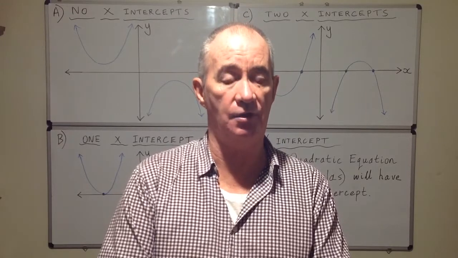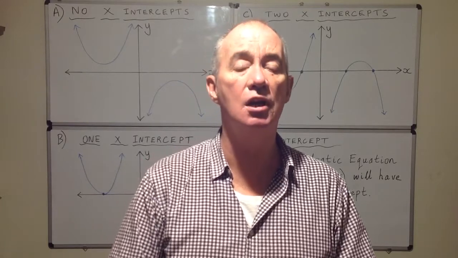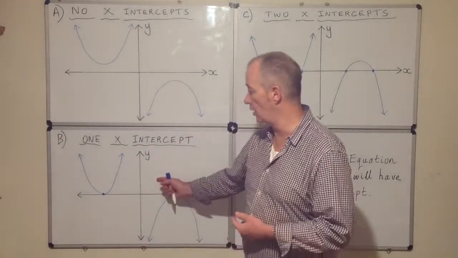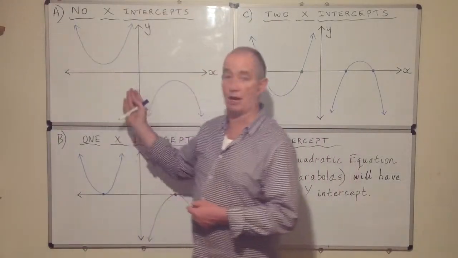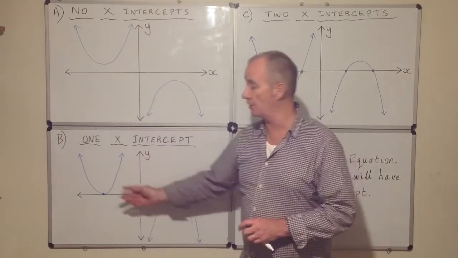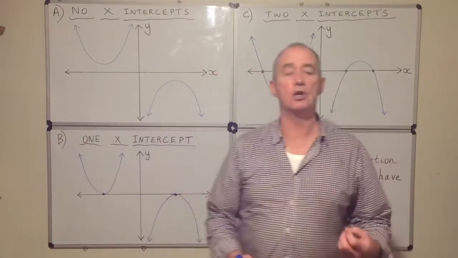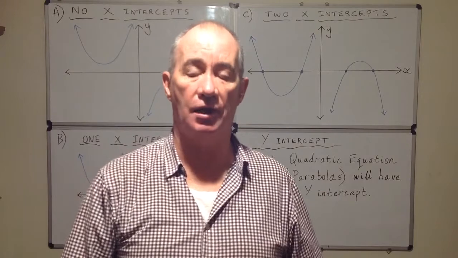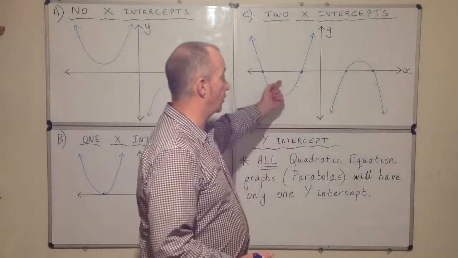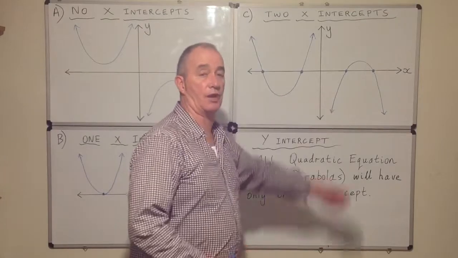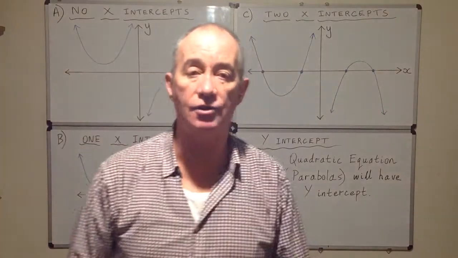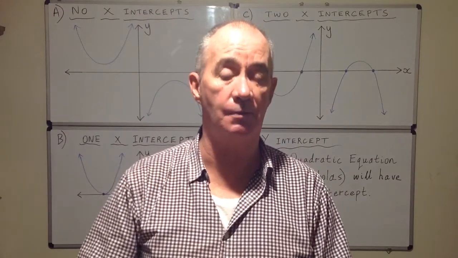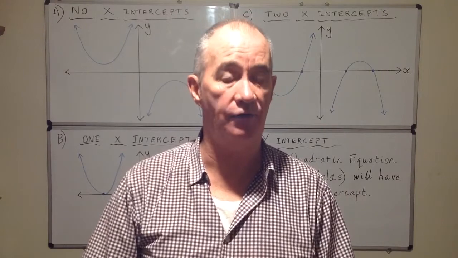The second possibility, B, is some have only one x-intercept, like these ones here. The third possibility is some quadratic equation graphs have two x-intercepts, and they're the ones I've drawn here. Some have zero x-intercepts, some have one x-intercept, some have two x-intercepts.